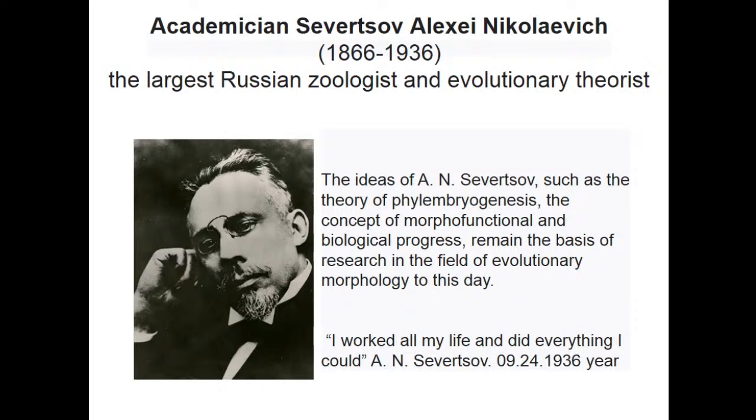His ideas, such as the theory of phylembryogenesis and the concept of morphofunctional and biological progress, remain the basis of research in the field of evolutionary morphology to this day.